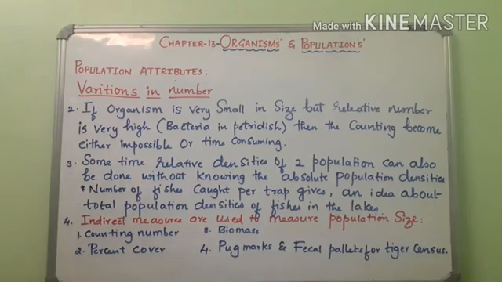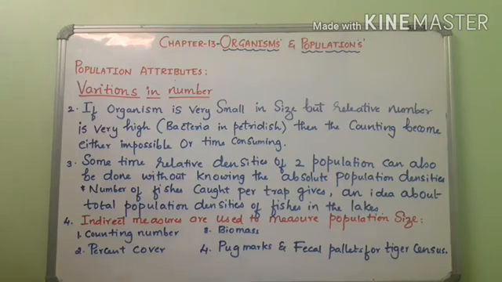We take two examples: cichlid fish, which lives in a lake, and green sunfish, which also lives in the lake. If you put a trap in the lake and pull it, you get fishes. Which species is more in number?